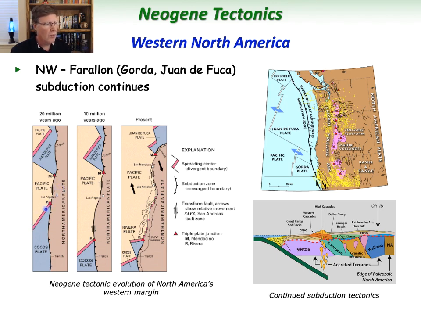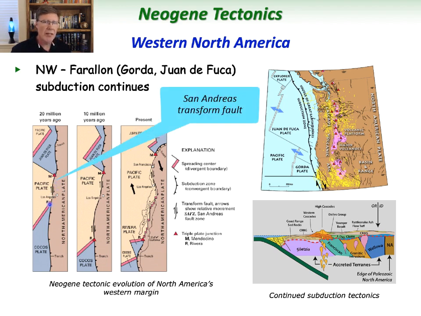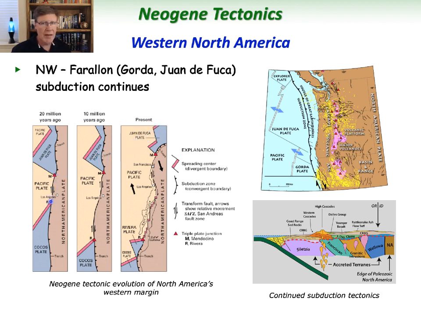And so over the last 8 million years, it's progressed to this point. And with continued subduction of this mid-ocean ridge, the San Andreas transform in between gets longer and longer. So this is how much it's grown in about 8 million years, from the Mendocino area here just north of San Francisco down to Los Angeles.